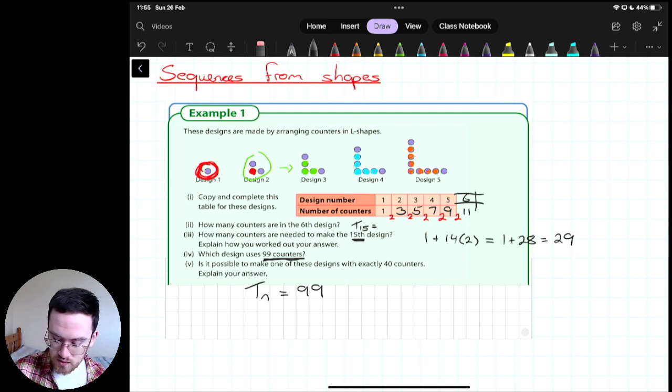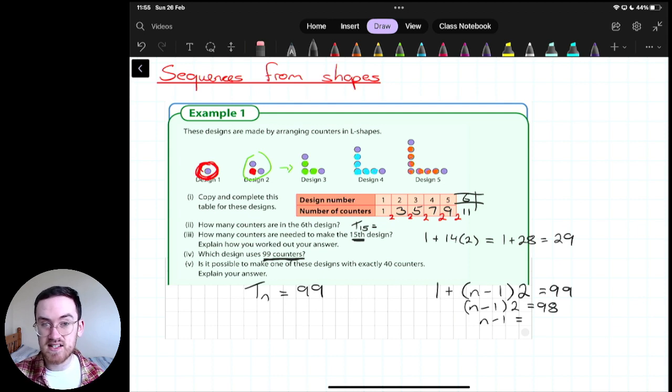We've said that it's 1 plus, maybe I'm looking for n, it's n minus 1 2's that I'm adding on each time. That's going to be equal to 99. I wouldn't be all that worried about this part here because it's something that we're going to look at in the next little section, okay? But looking at it, I suppose 98 divided by 2 is going to give me an answer of 49, and we get that n is equal to 50.